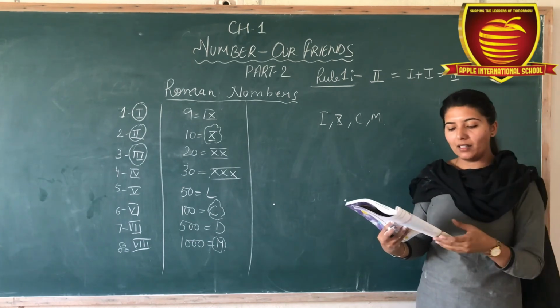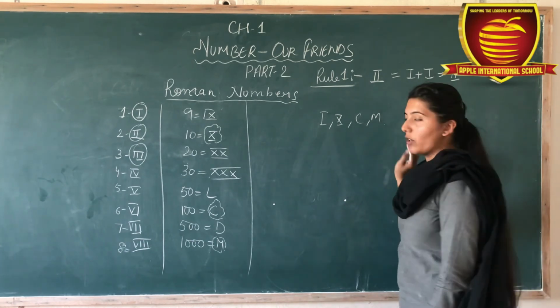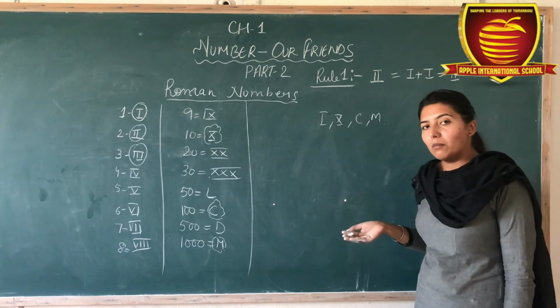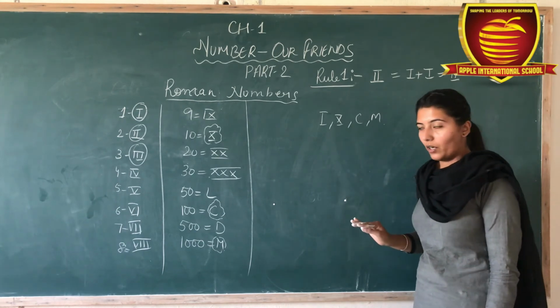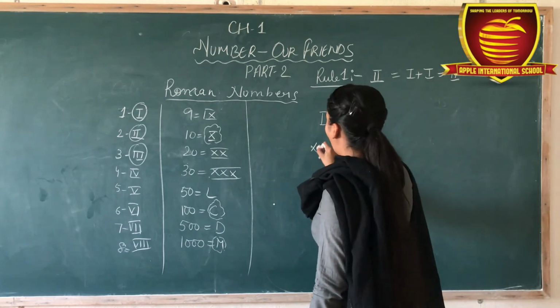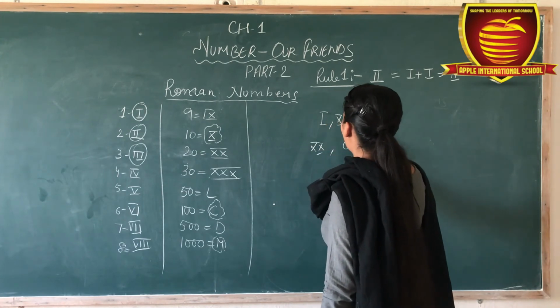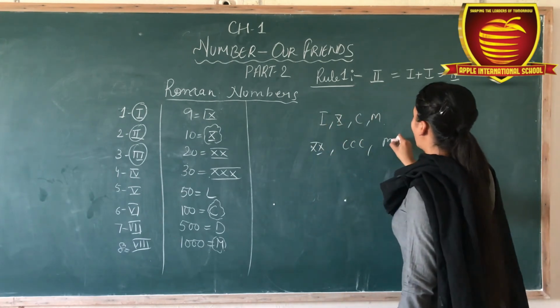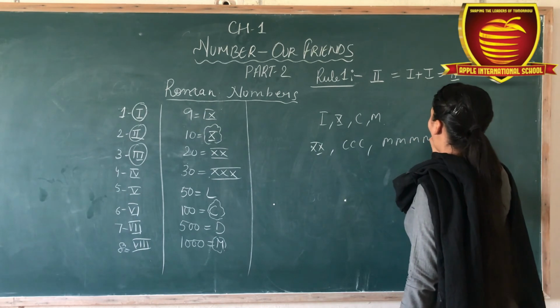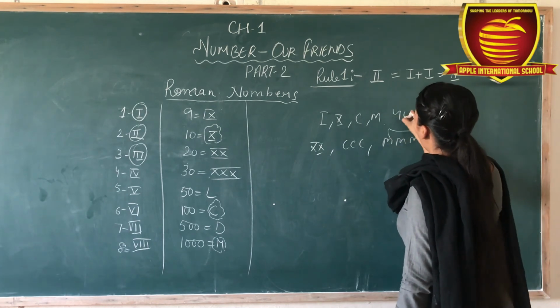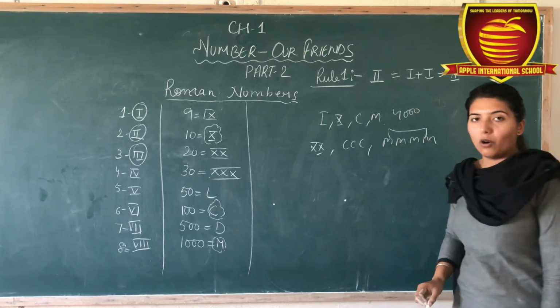For example, X, X, we use C, C, C, we use M, M, M, M. It becomes 4000.